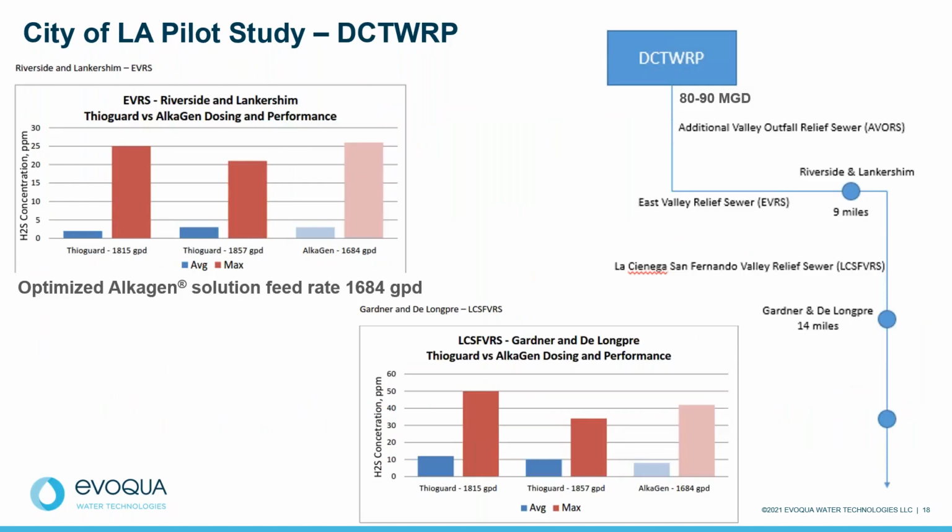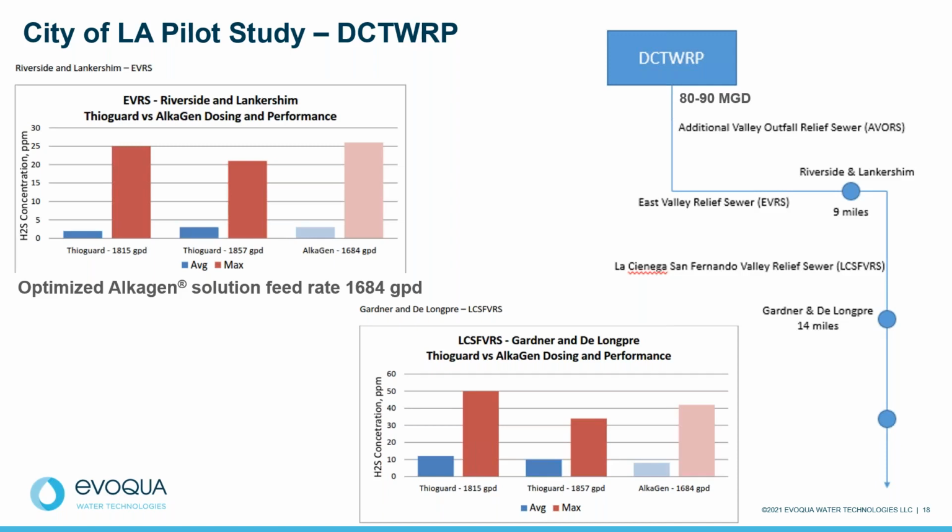For the second part of the pilot study, Alkagen and mag hydroxide were tested in comparison along a much larger and longer interceptor. The Tillman plant sends approximately 80 to 90 million gallons of flow down to the Hyperion plant. In this part of the test, the vendors were allowed to optimize for their best gas performance.